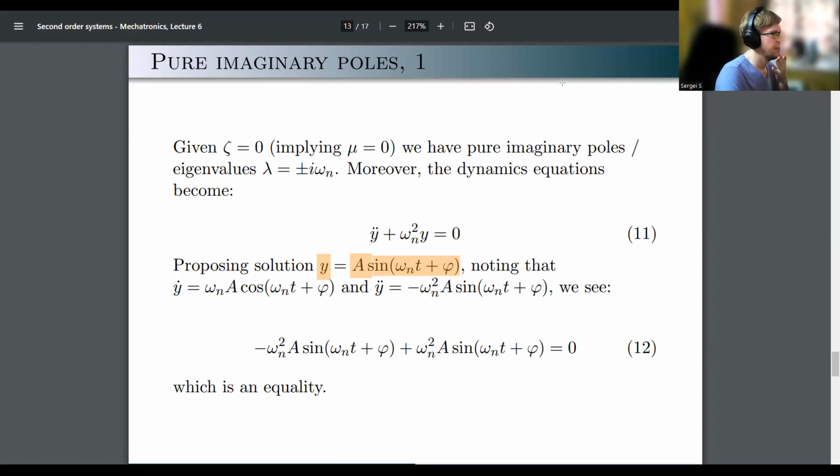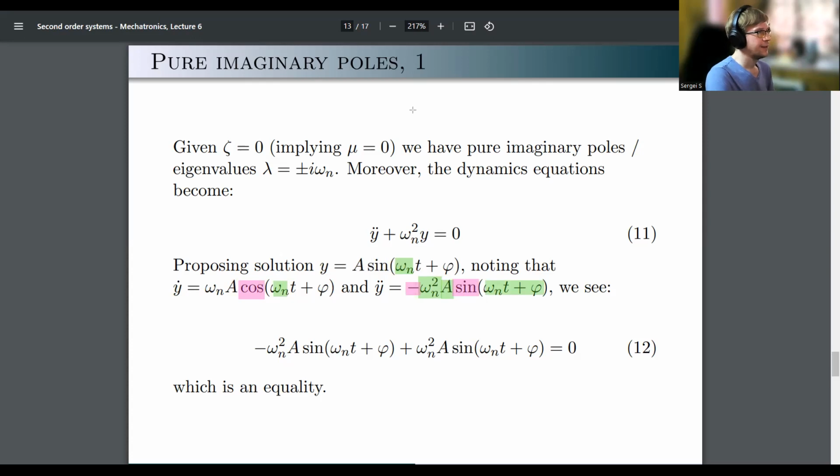If I differentiate this once, omega gets outside, A stays the same, the argument under the trig function stays the same, but sine becomes cosine. The second derivative is quite the same: another omega comes out of the brackets, A stays the same, the argument stays the same, but cosine becomes minus sine.